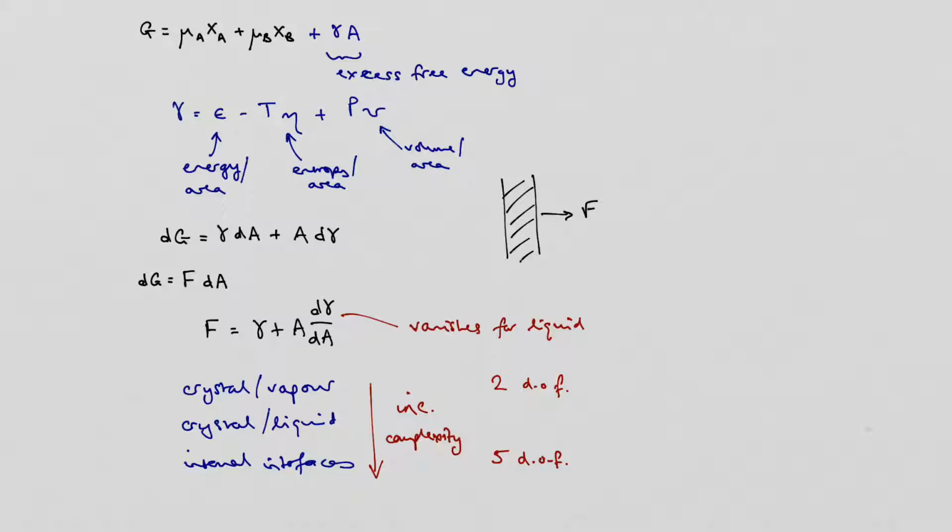You've done it in electronic structure as well, haven't you? You have no interfaces there. Is it because the size of the bulk is so much larger than the surface? Right, okay, yes.